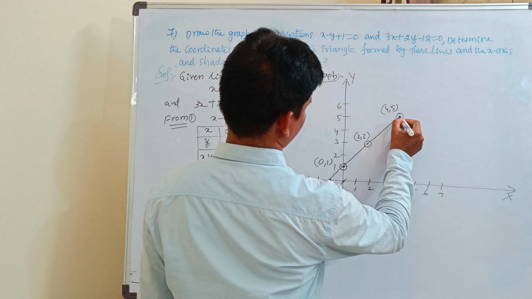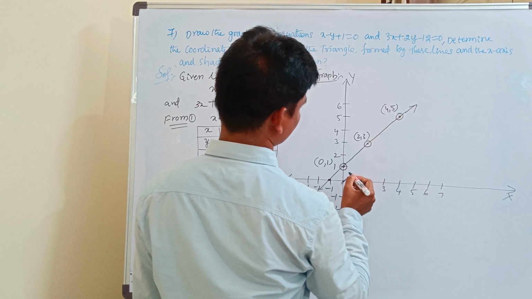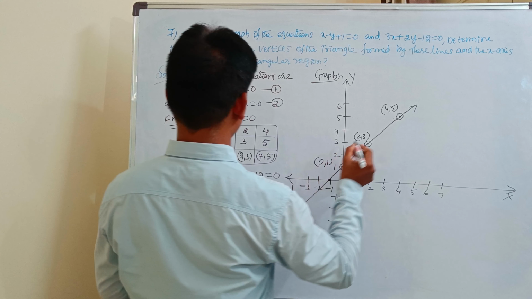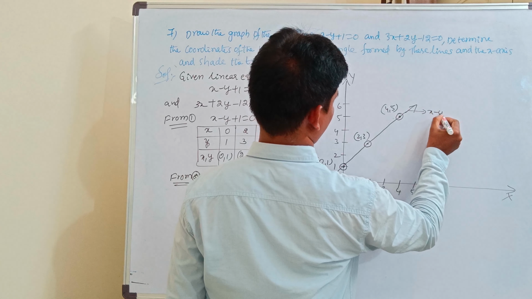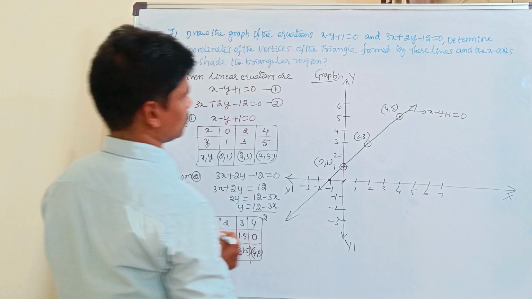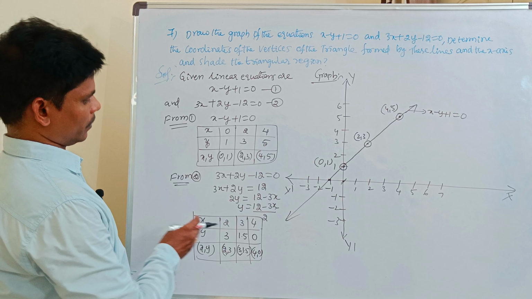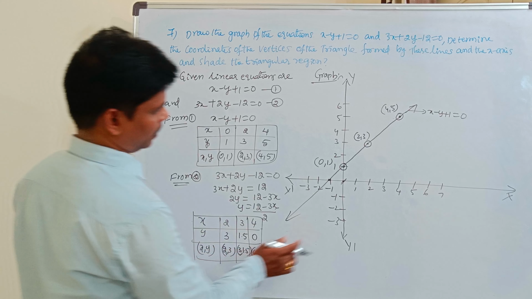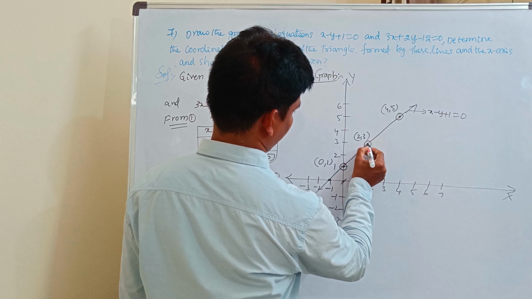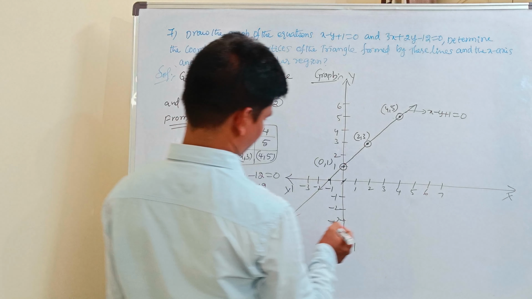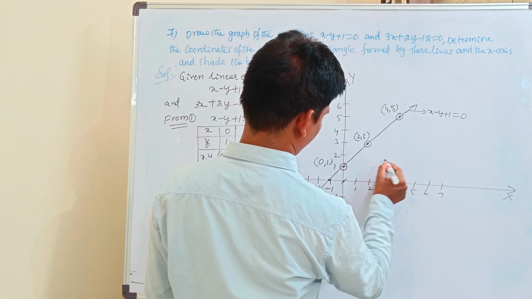So this is one line. That line is x minus y plus 1 is equal to 0. Okay. Next, second, from 2: 2 comma 3, this is the same point. Next 3 comma 1.5, x is 3, y is 1.5 here.